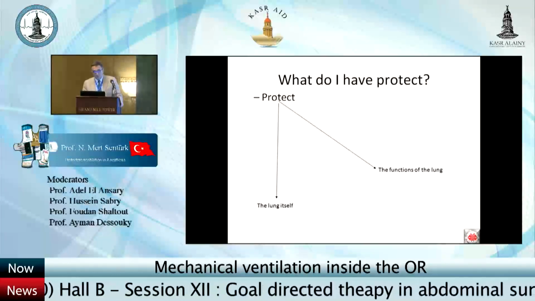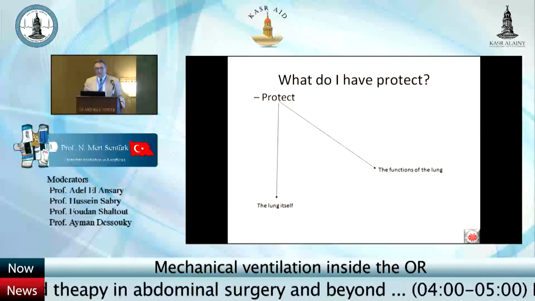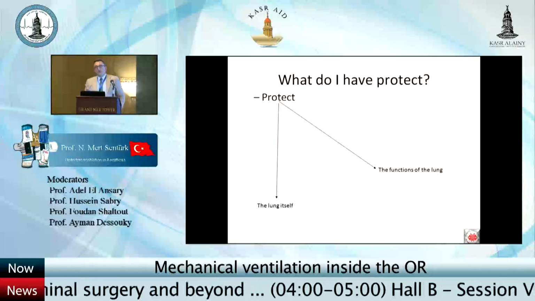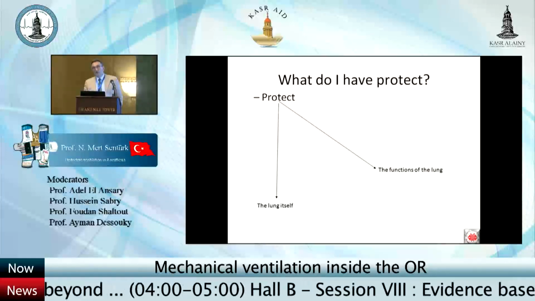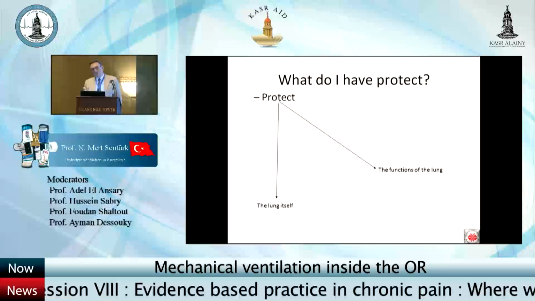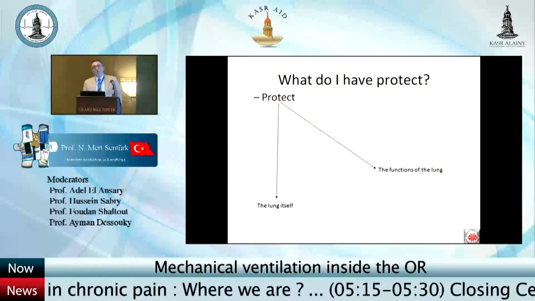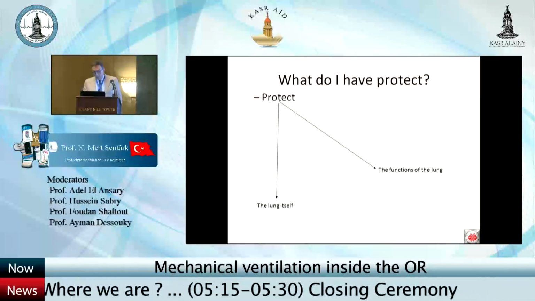First of all, what do I have to protect? We have to protect during mechanical ventilation two different things about the lung. First of all, we have to maintain the functions of the lung, which is oxygenation and gas exchange. And we have to protect the lung itself too.